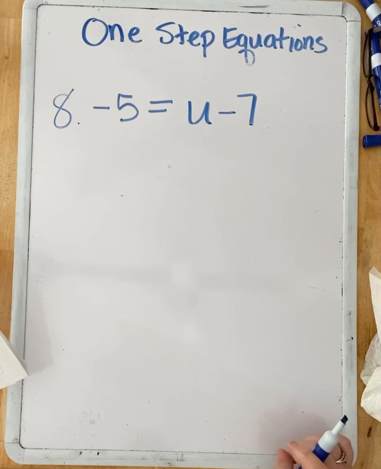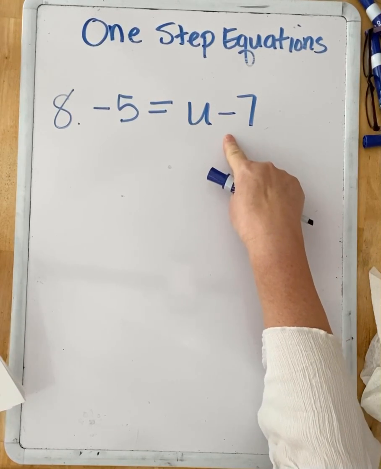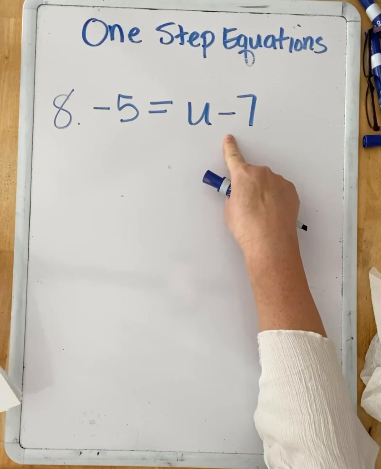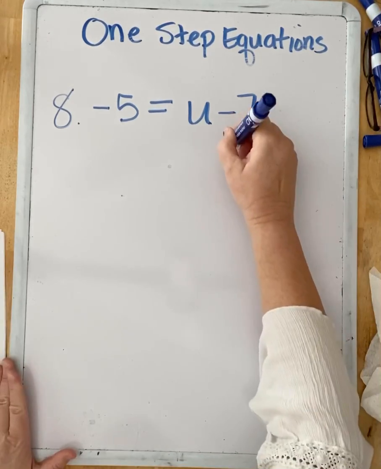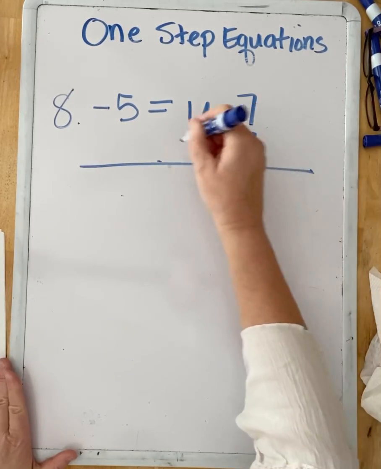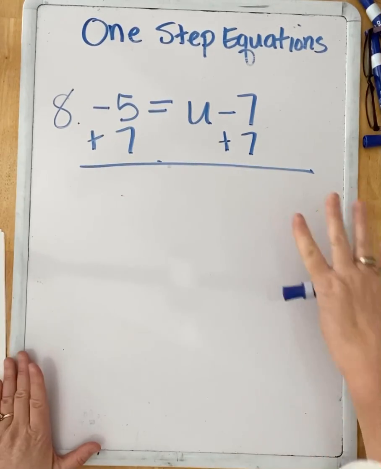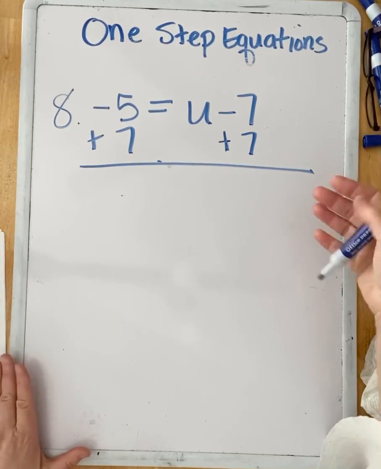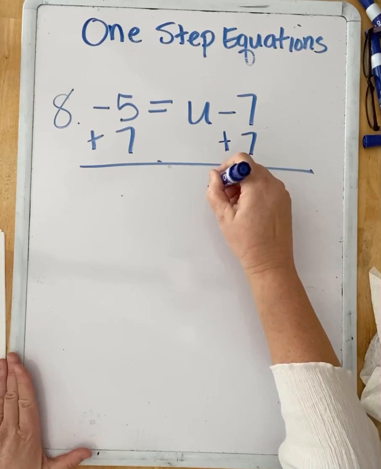So u minus 7 is a subtraction, so I want to use addition. I'm always trying to get to the identity property. In this case, I'm trying to get to the identity property of addition. So -7 and +7 gives me my 0.